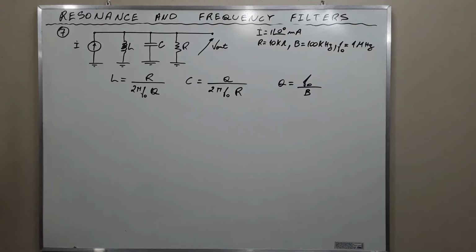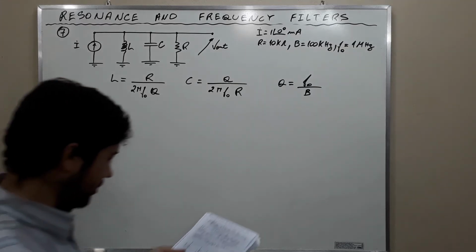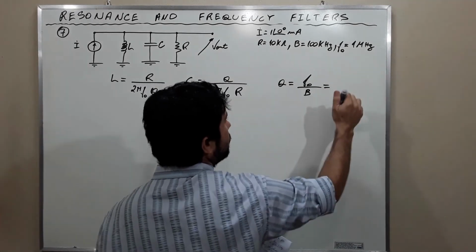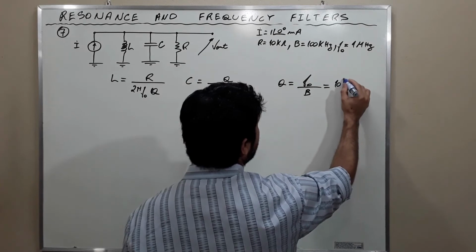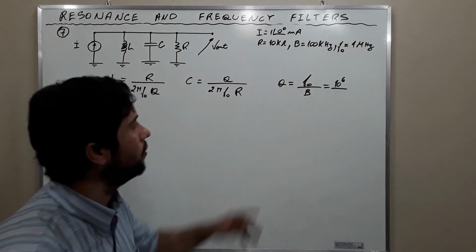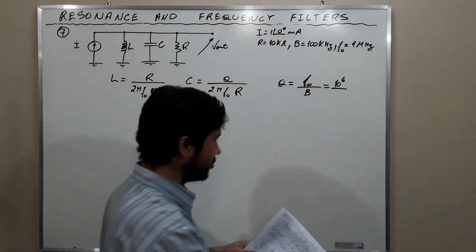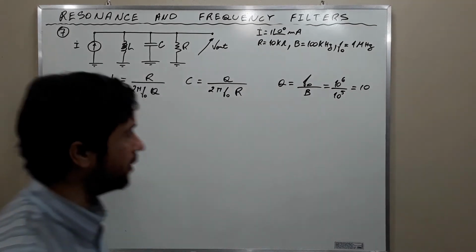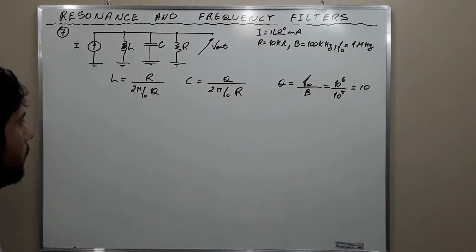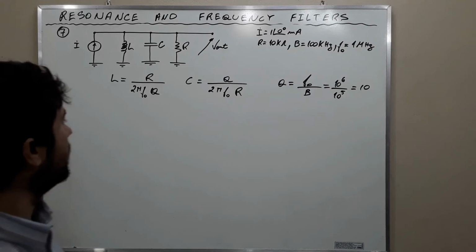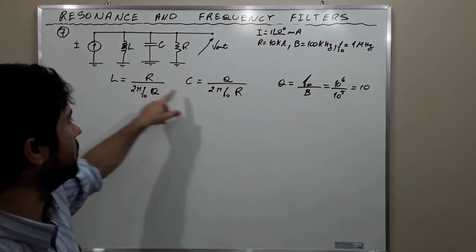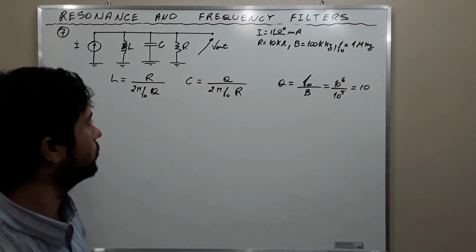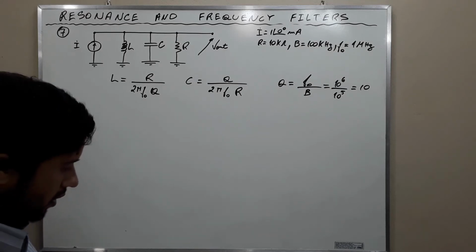And substituting the values, we find that Q is equal to 1 megahertz, 10 to the 6th, divided by 100 kilohertz, which is 10 to the 5th, and this is equal to 10. Okay? We can find now the inductance and the capacitance because we already have Q.